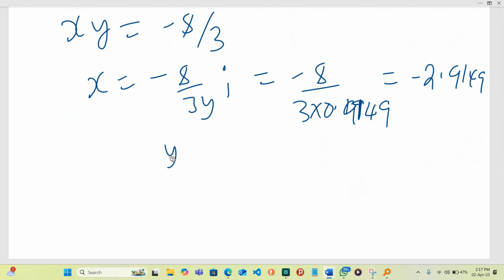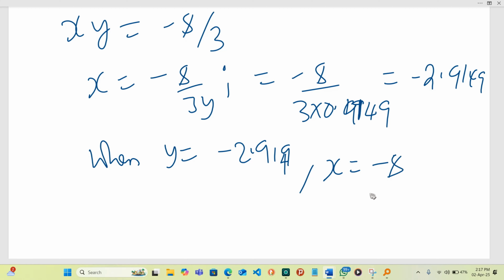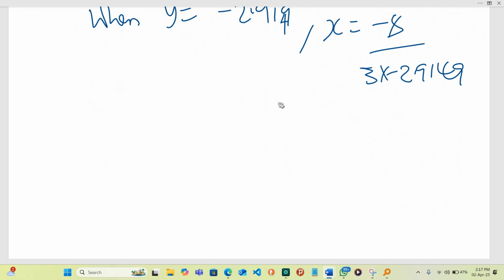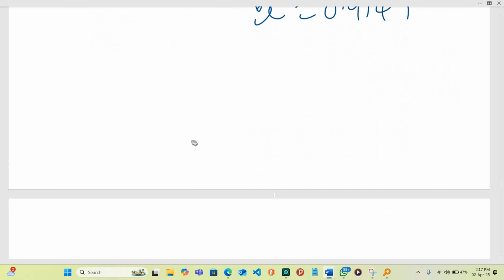When y is equal to negative 2.9149, then x is equal to negative 8 divided by 3 times negative 2.9149, and finally x will be 0.9149. So we have already obtained all solutions.